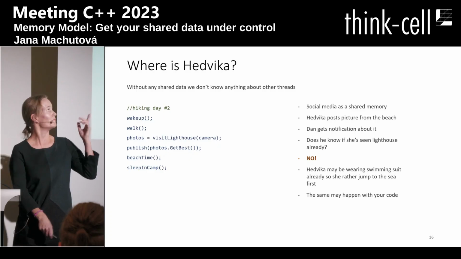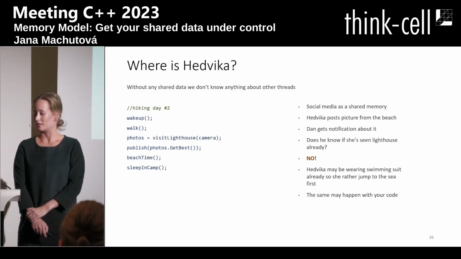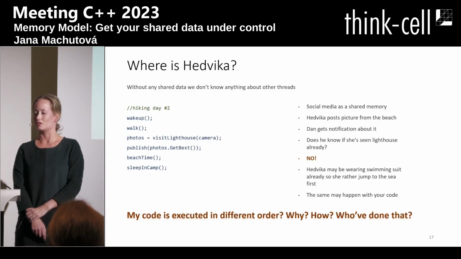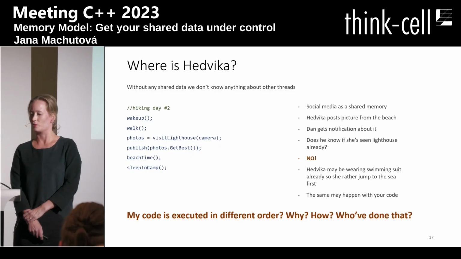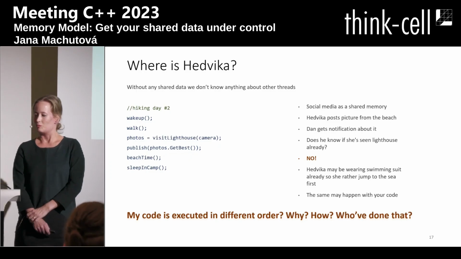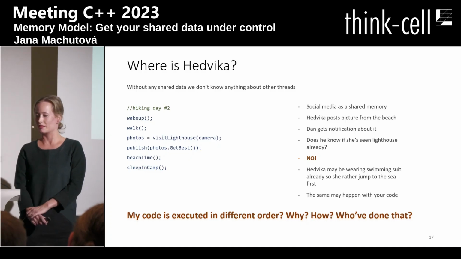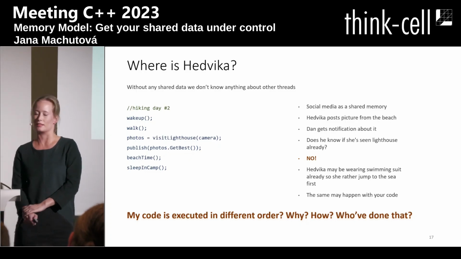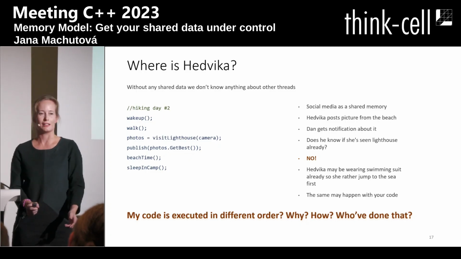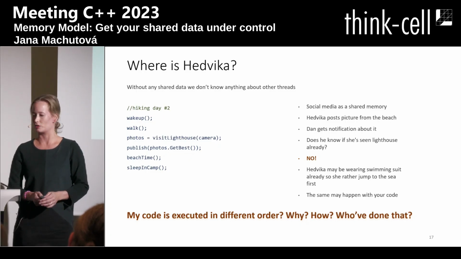Your code may be reordered pretty widely, and you can't say at this point that when you see the beach time picture, she already visited the lighthouse. And it's really important to understand it, to appreciate why the memory model is here and what it provides to us.